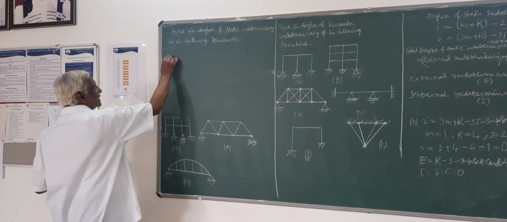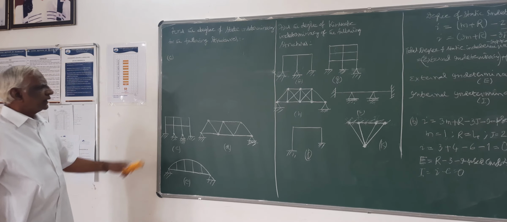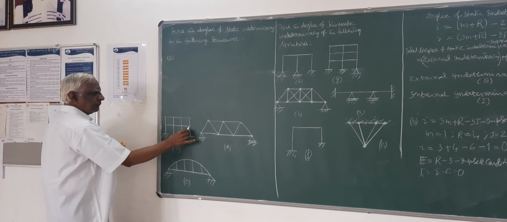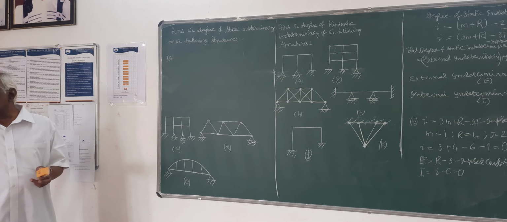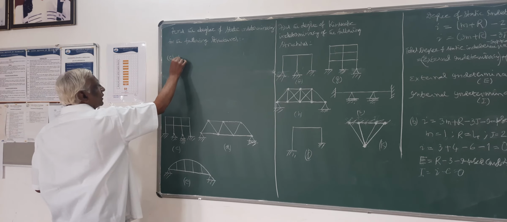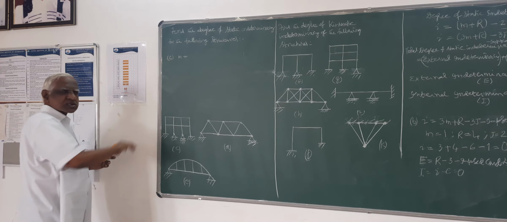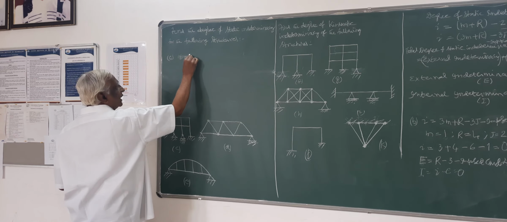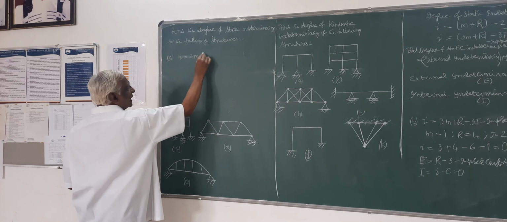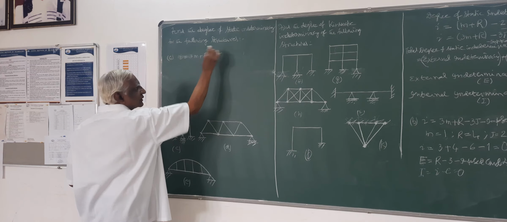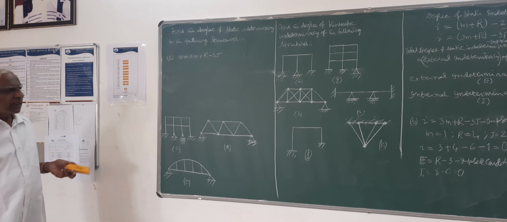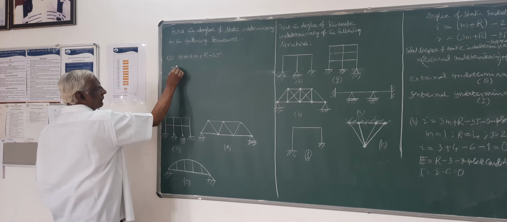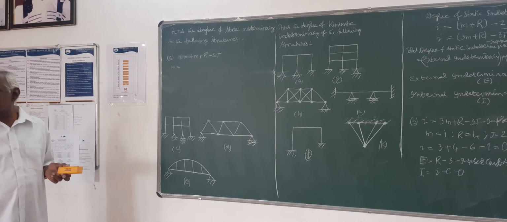So next, if you look at this rigid plane frame structure, you can count. There are no imposed conditions, so you can use the formula for finding the total indeterminacy as 3m plus r minus 3j, the second formula, and you have to find the number of members or elements.